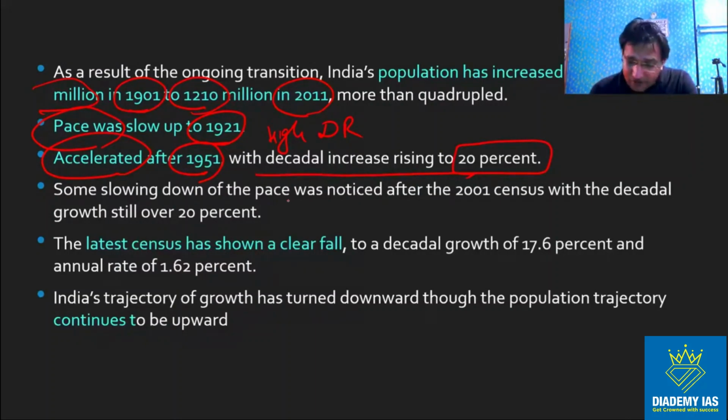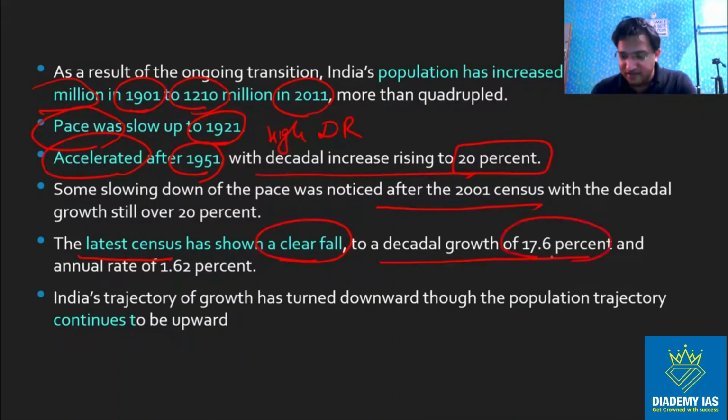Some slowing down of the pace was noticed after the 2001 census. 2001 के बाद में जो population growth rate है वो slow हो गया. The latest census has shown a clear fall to a decadal growth rate of 17.6%. The latest census is basically 2001 to 2011.